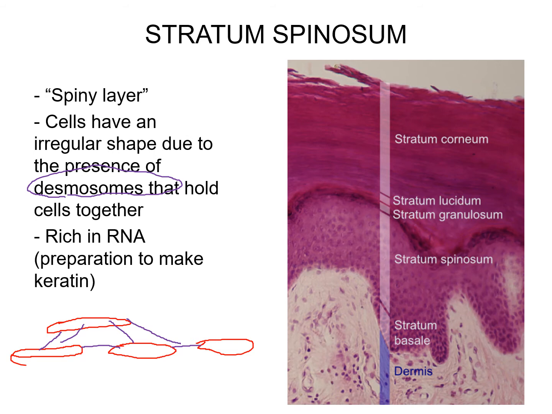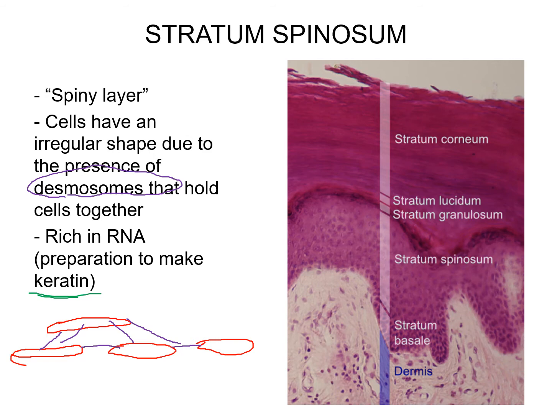And we're also going to have a lot of RNA in this area to help the prep stages of making the keratin. So remember, the stratum right above this is the stratum granulosum. That's where we are going through keratinization. We are pumping the cells full of keratin. Here in the stratum spinosum, we're preparing for that.